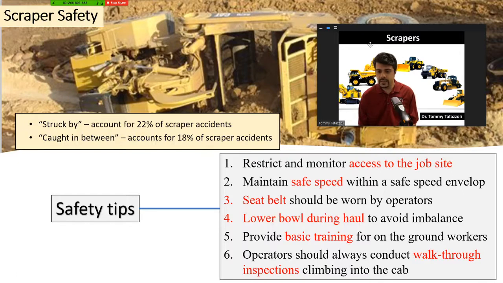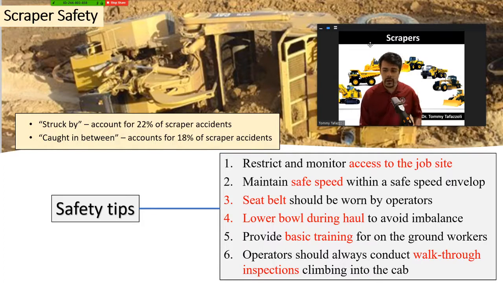Seat belts should be worn by operators. Although the machine is moving at very low speeds, it doesn't mean that the seatbelt doesn't matter. This might sound obvious for everyone, but consider working in very hot weather, and you're working in that cabin, and although there is air conditioning and everything, you still feel hot, and then you have the seat belt here.